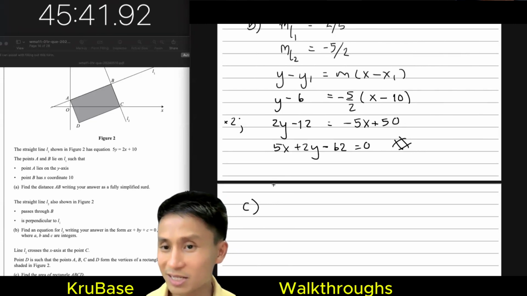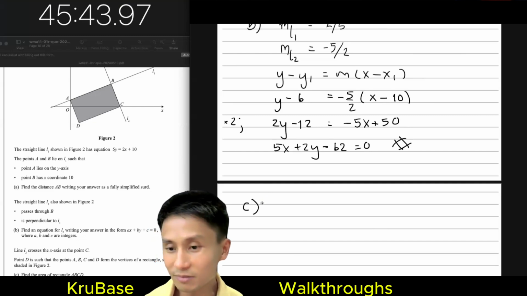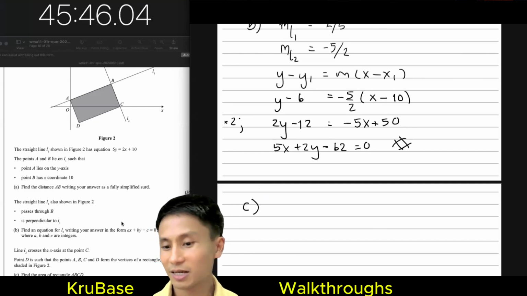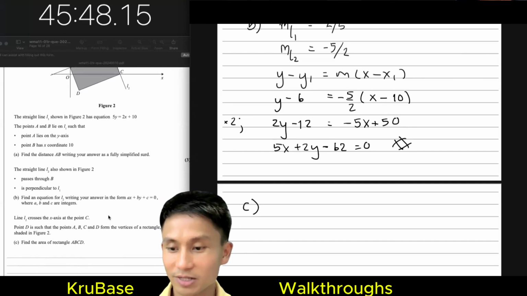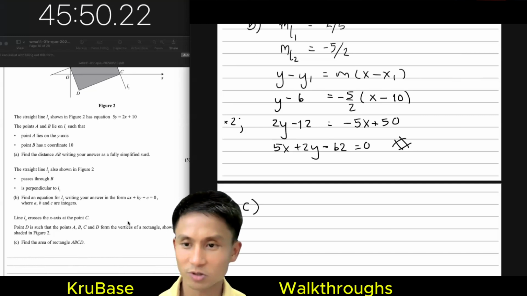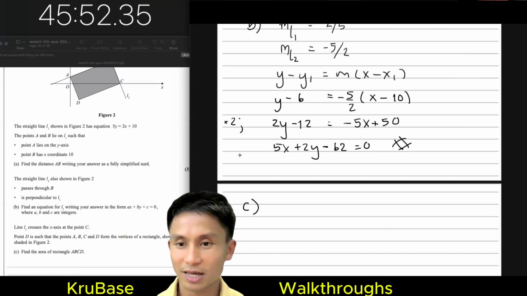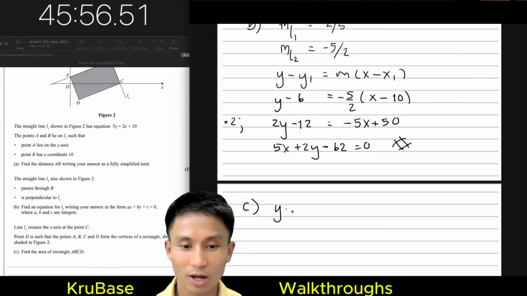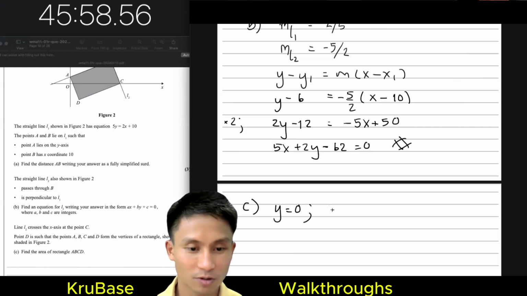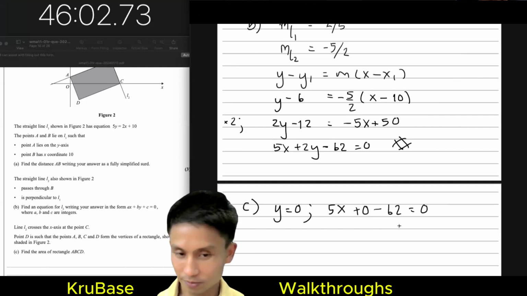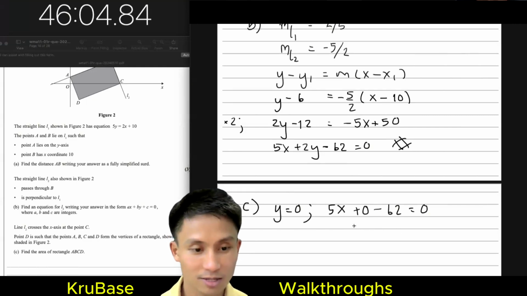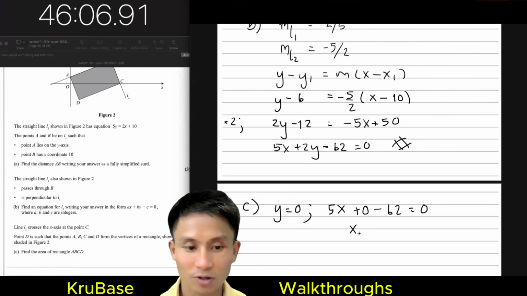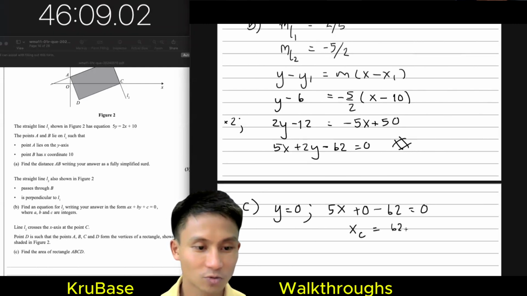We need to know point C first, because point C is an unknown for now, the x-intercept, and will be known shortly. So point C, the x-intercept of line L2, we just got L2 from here. So we're going to put y equals 0 in L2, all right? So 5x minus 62 equals 0, and so x at point C would be 62 over 5.